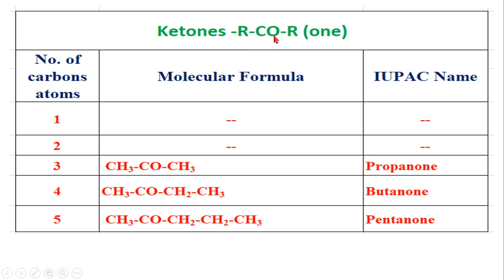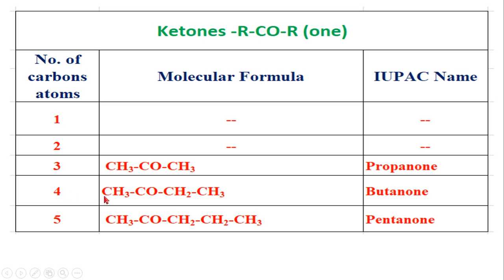Here for 3 carbon means propane. This is a ketone. CO, the functional group is the ketone. Ketone means the suffix used is one. So the IUPAC name is propanone.